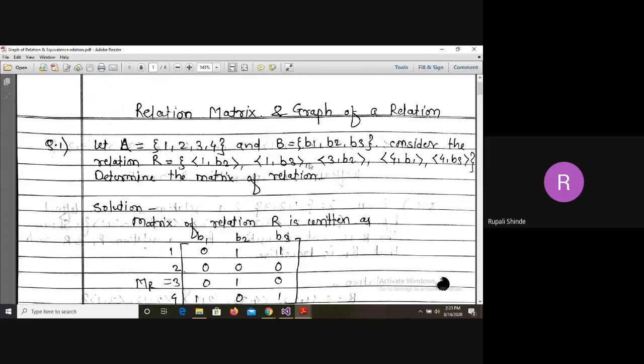Next one, (1, B3): 1 is the row, B3 is the column, and again for this ordered pair, we have to mark 1.